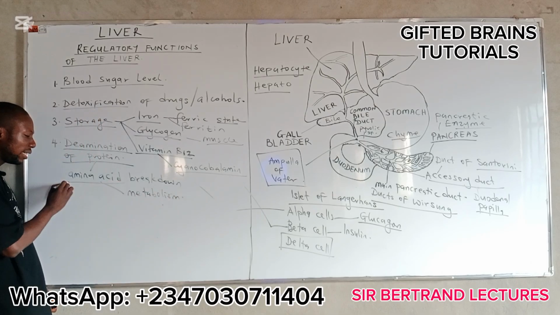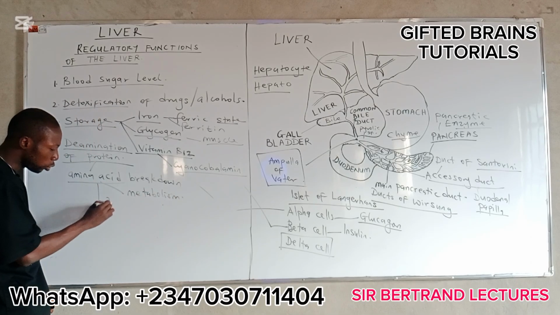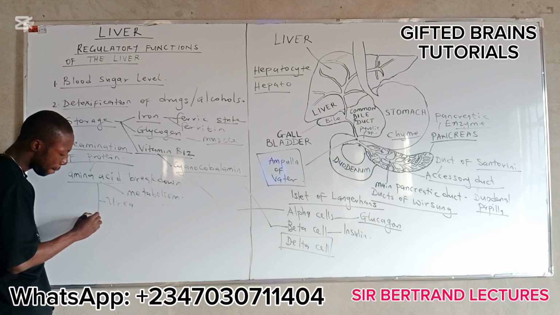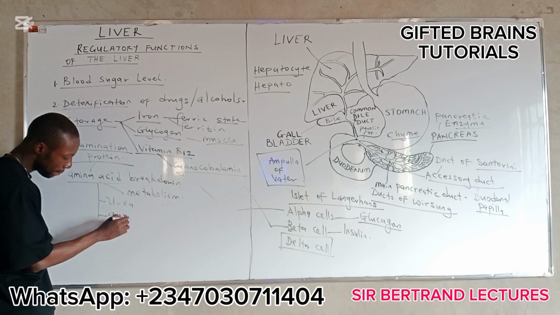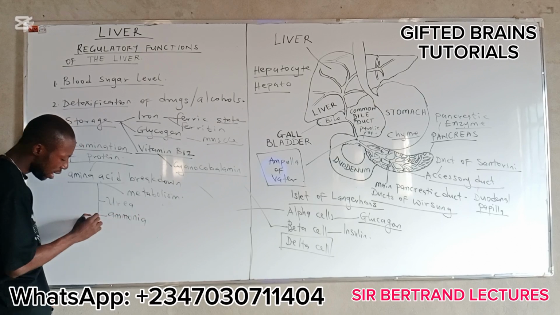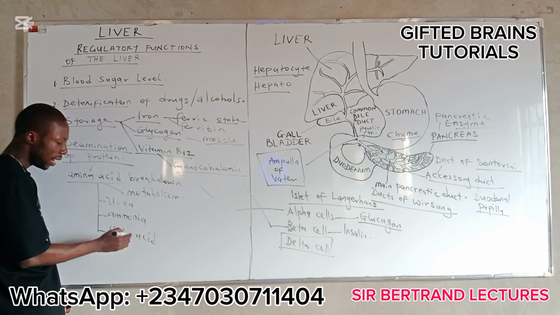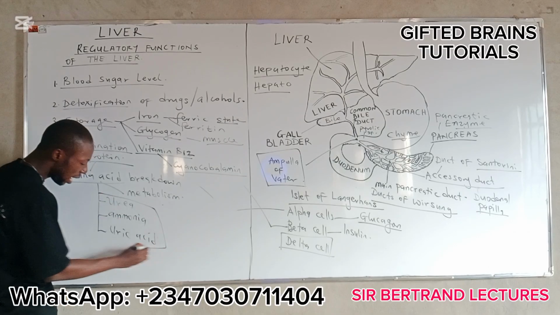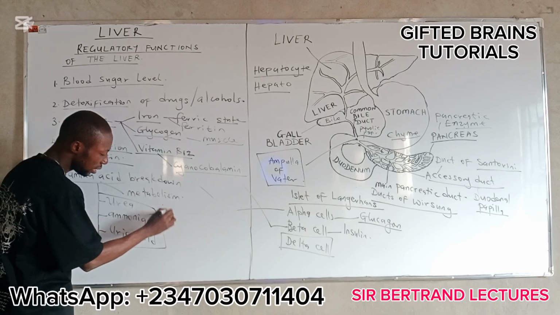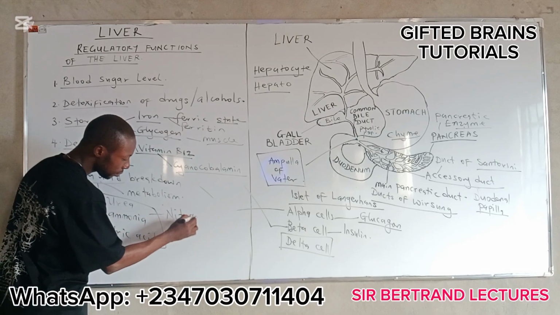The amino acid is broken down to produce urea, ammonia, and uric acid. These are known as nitrogenous waste.